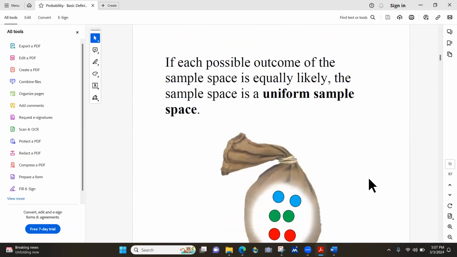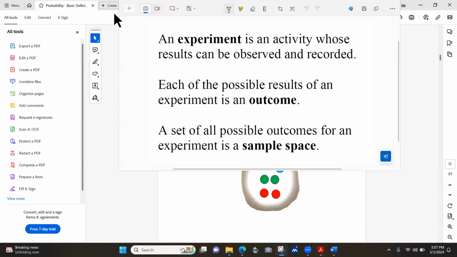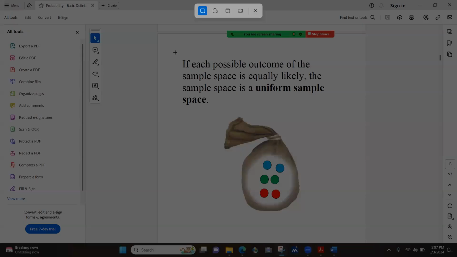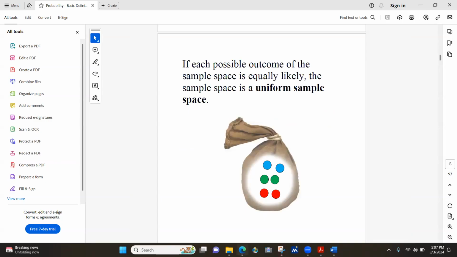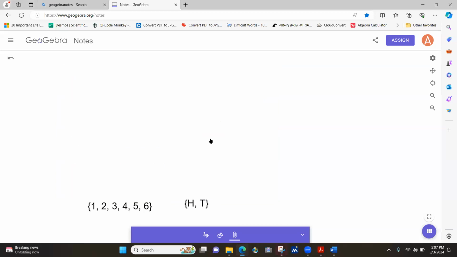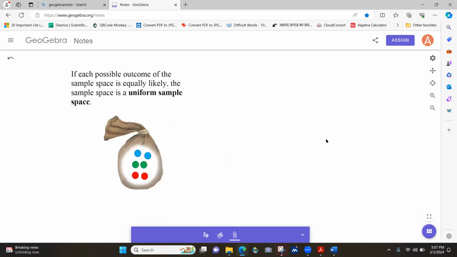Okay, here's a good one. We need to kind of talk about it a little more carefully. So uniform sample space. So let's say I have a bag containing two blue marbles, two green marbles, and two red marbles.